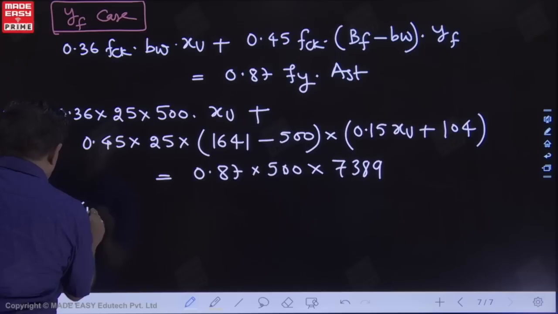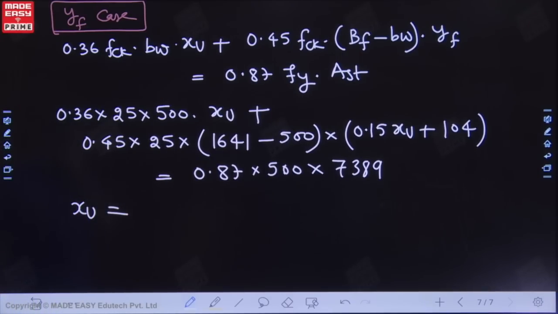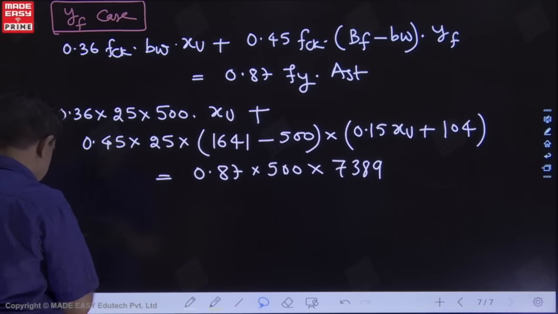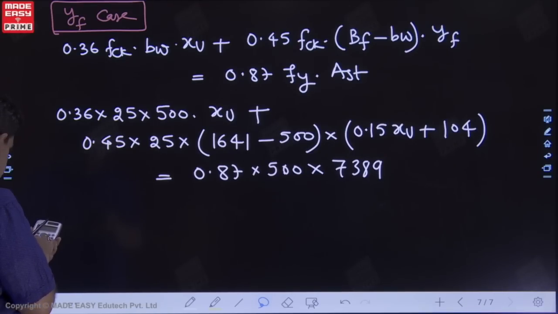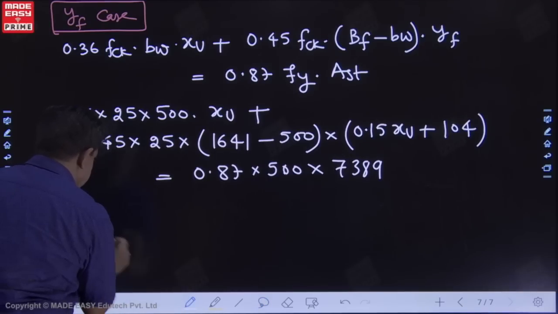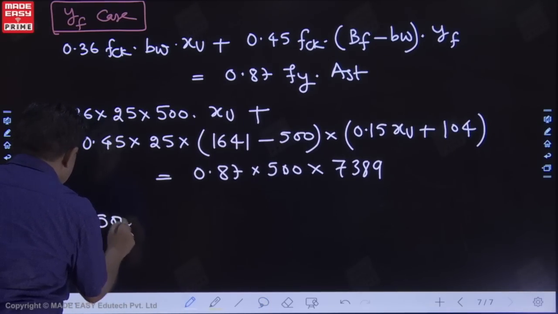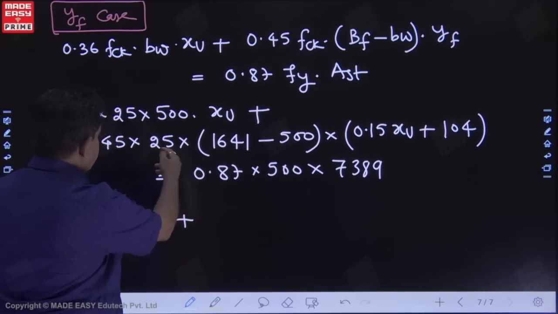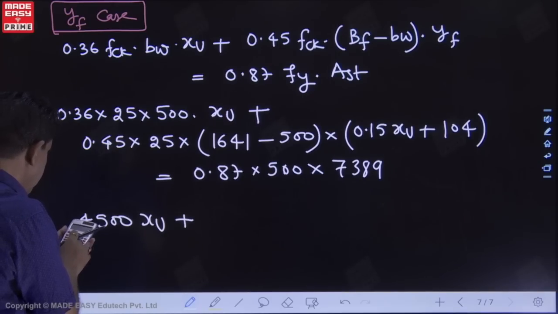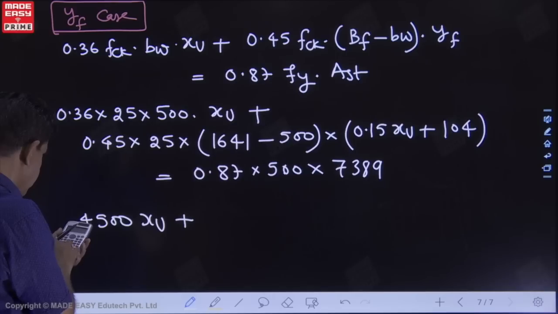So let's solve this. What is the value of XU? You can develop the equation: 0.36 into 25 into 500, this value is 4500 XU, plus from here you will get another value in terms of XU, 0.45 into 25 into 1641 minus 500 into 0.15.